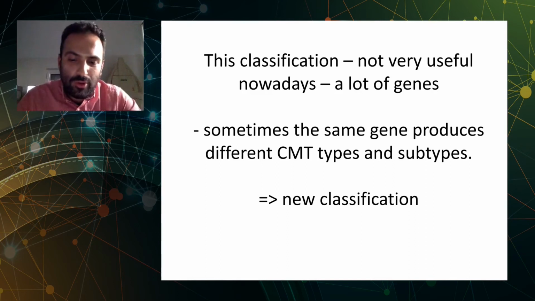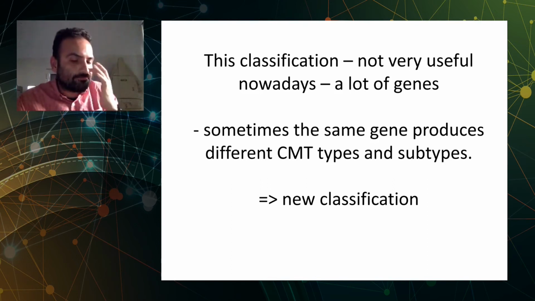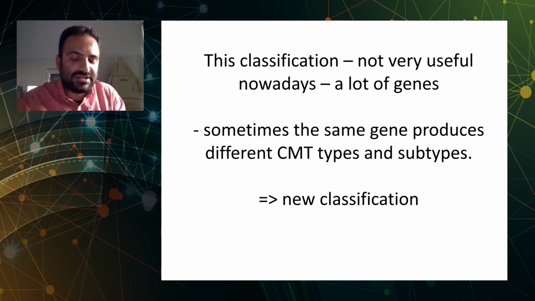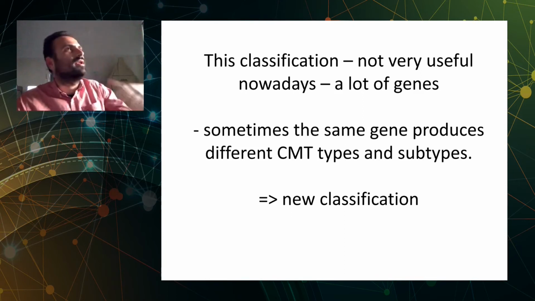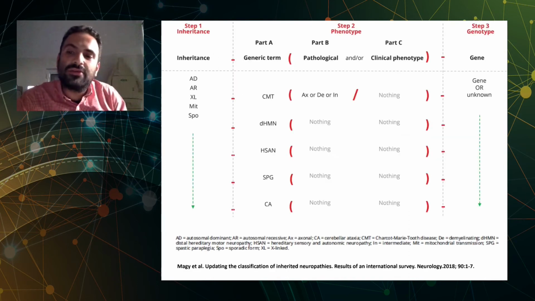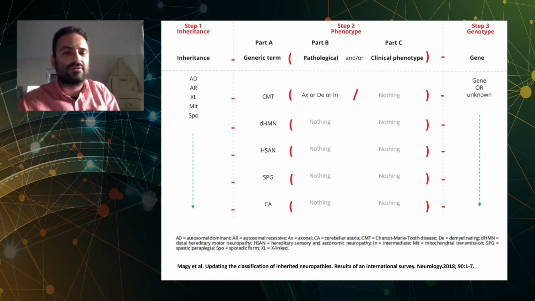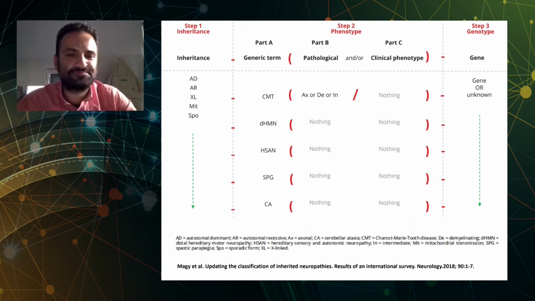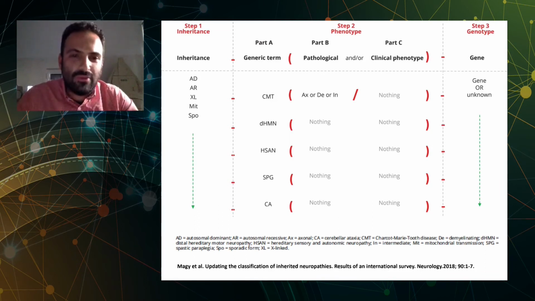So a new classification has been proposed due to this important number of genes that emerged in the last years, and a lot of letters, a lot of genes. So there is this simplified proposal, this new classification, which contains several pieces of information, such as the mode of inheritance: autosomal dominant, autosomal recessive, X-linked, sporadic, and so on. Then CMT, Charcot-Marie-Tooth.